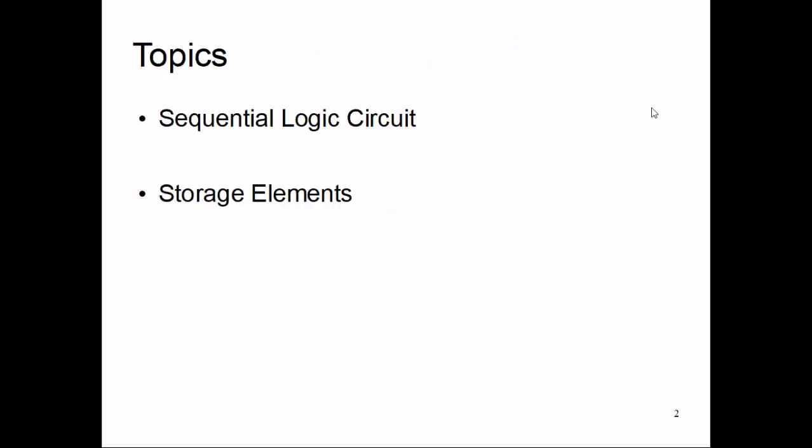Our topic: we'll try to understand the concept of the sequential logic circuit and sequential logic operations, and then we'll do the storage element discussion.